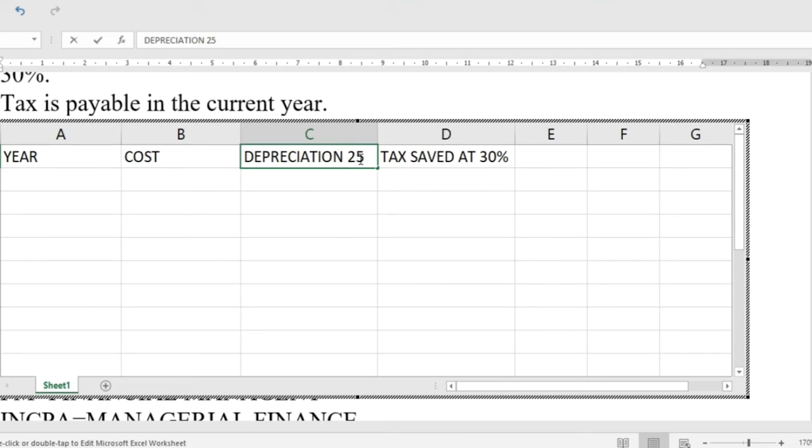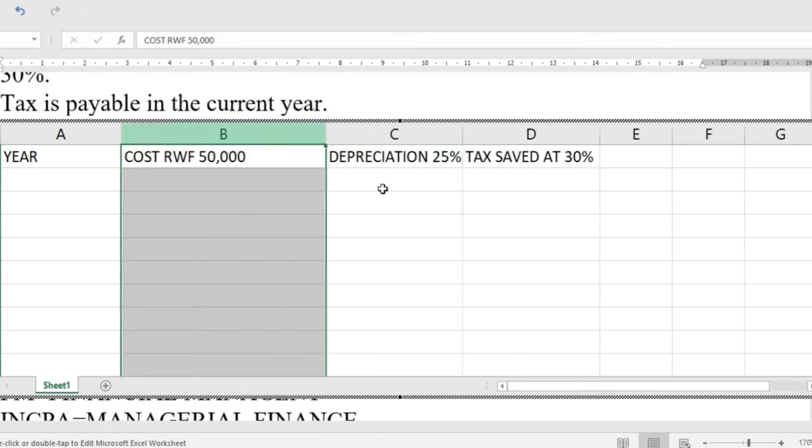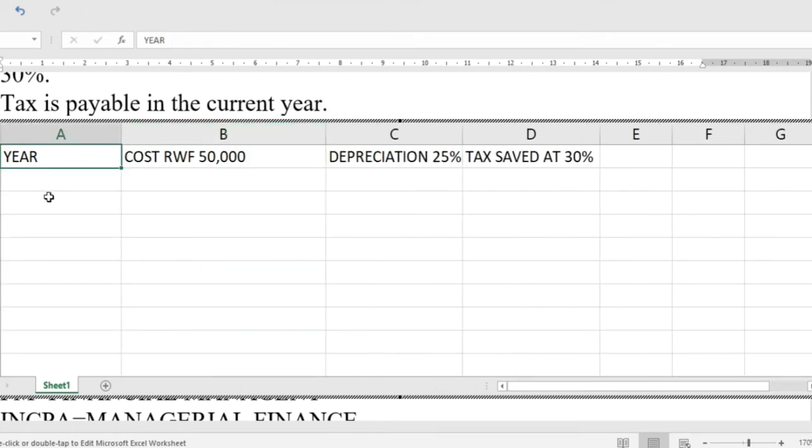Okay, the original cost is 15,000. Here we have 1, here 2, here 3, and lastly here 4.